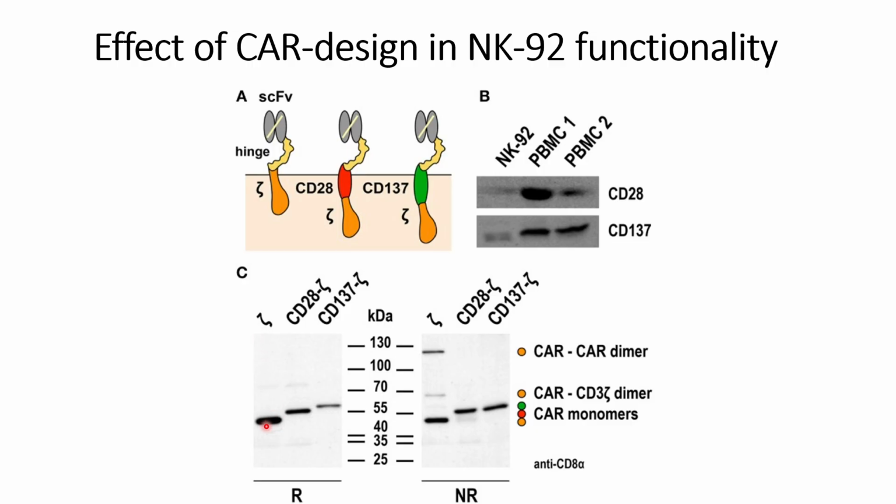This we can see in the reducing form and also in the non-reducing form, compared to the expression level of CD28 zeta. And since the CD28 zeta size is higher, because it combines both CD28 and CD3 zeta, we can see its size is higher compared to CD3 zeta alone.